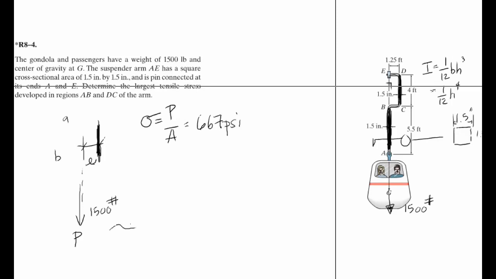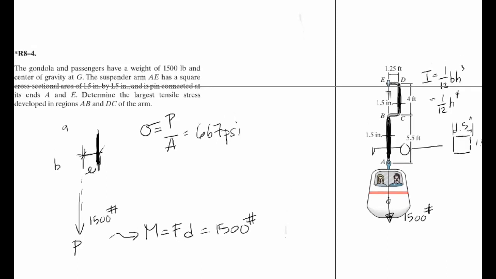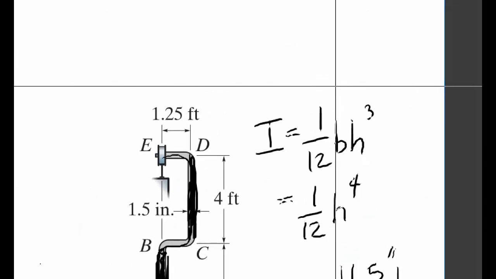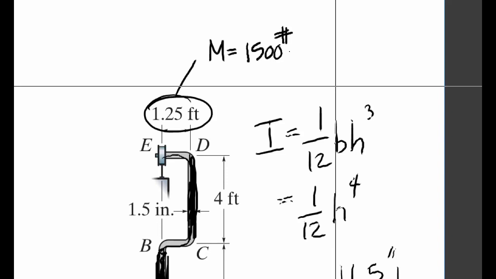So your moment is equal to force times distance, and the force is 1,500 pounds. Here the distance is unknown, but looking over here, we know that the eccentric distance is 1.25. So the moment is equal to 1,500 pounds times your distance of 1.25 feet.